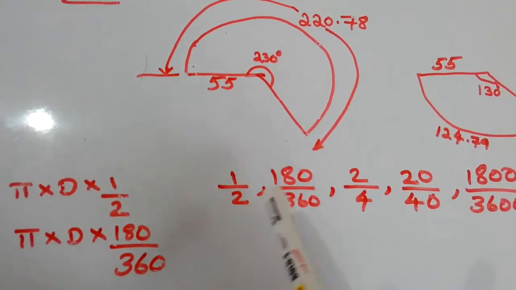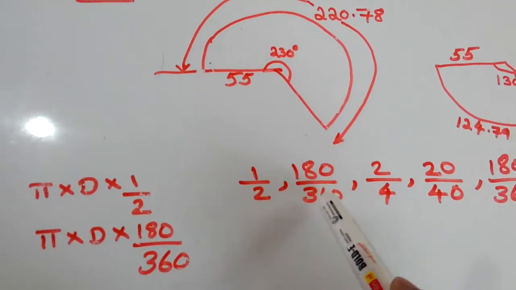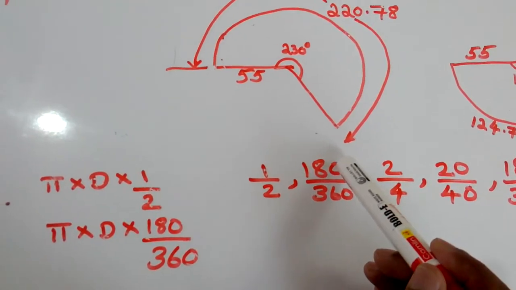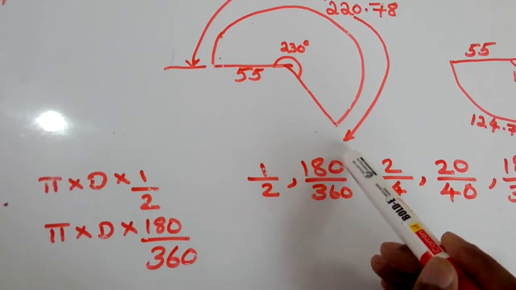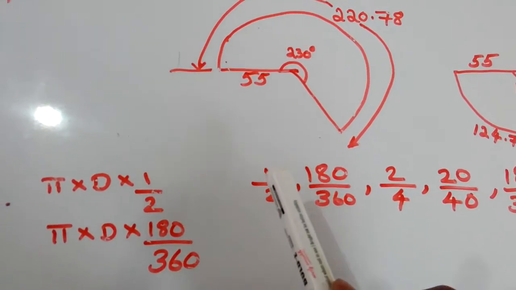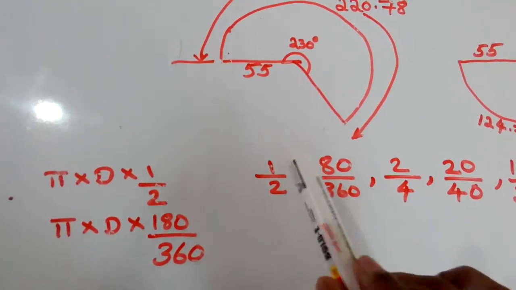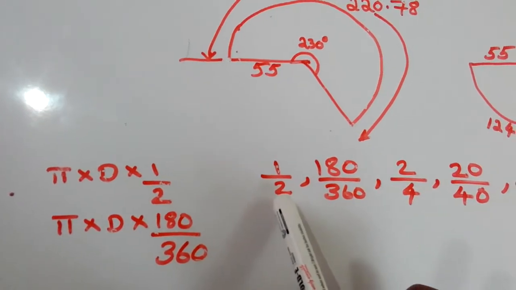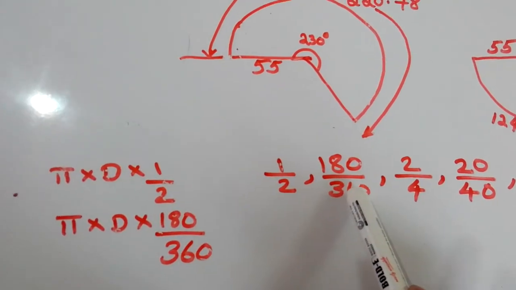1 by 2 is the same as 180 by 360. If we multiply this one with 180, we will get 180. Which measurement we have used to multiply it, the same measurement we have to use for multiplying the bottom measurement also. Then we will get 360.